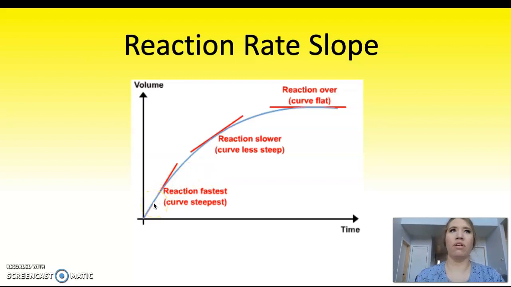And for the products where we're increasing in concentration, where it's the hardest to pedal, where the hill is the steepest, that's when the reaction is going the quickest, because the concentration of product is being created more quickly. Now it's starting to slow down, and then when our slope is now flat, we're no longer creating product, and so the reaction has come to a stop.